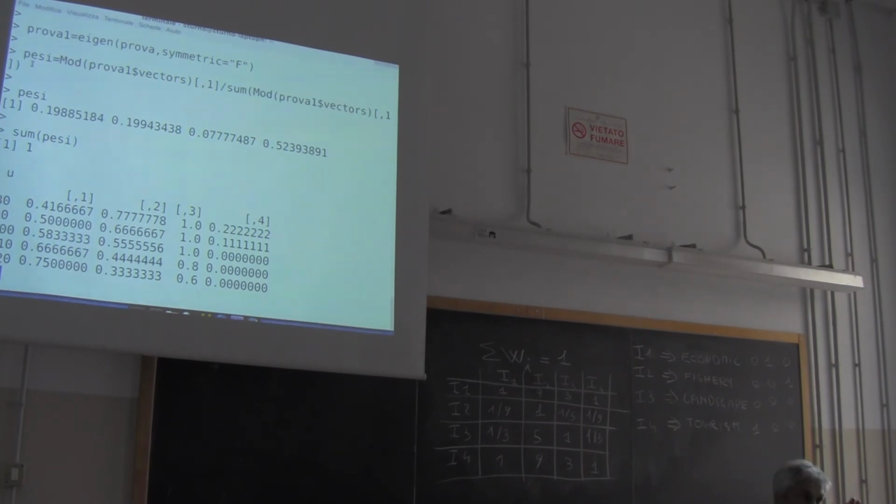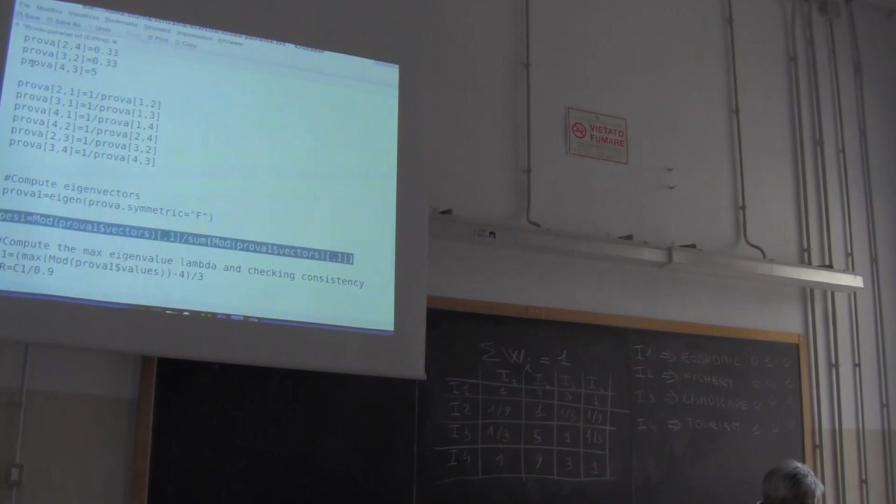Again, consistency checking requires a theoretical treatment that we don't inspect in detail. I just wanted to tell you that a necessary condition for the matrix to be consistent is that the max eigenvalue is very close to the dimension of the matrix.